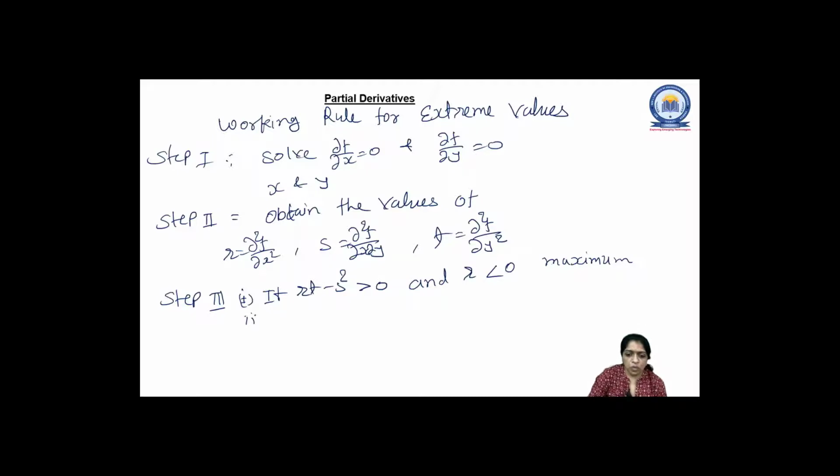Number 2, if R T minus S square greater than 0 and R is greater than 0, then function is minimum.